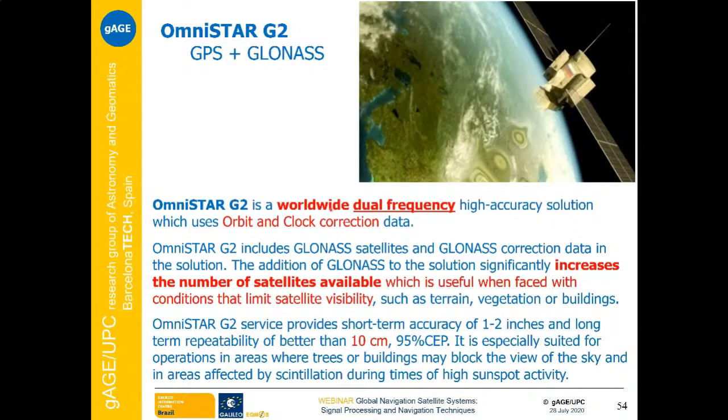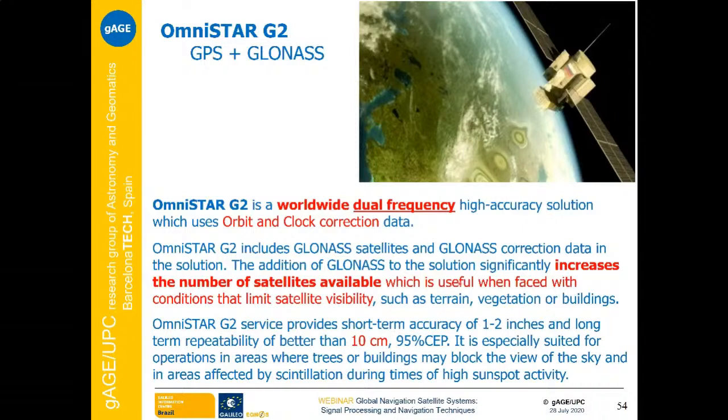Well, the idea of using more than one constellation is important in order to increase the number of satellites available. And this is useful for urban canyons, where we have the buildings masking the satellites. And also, this is important in some areas under scintillation.